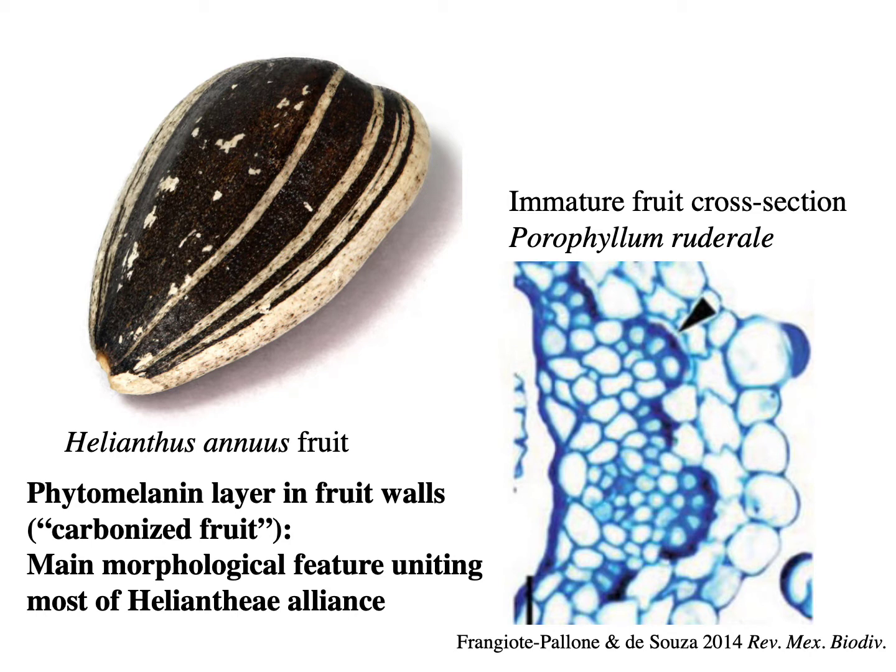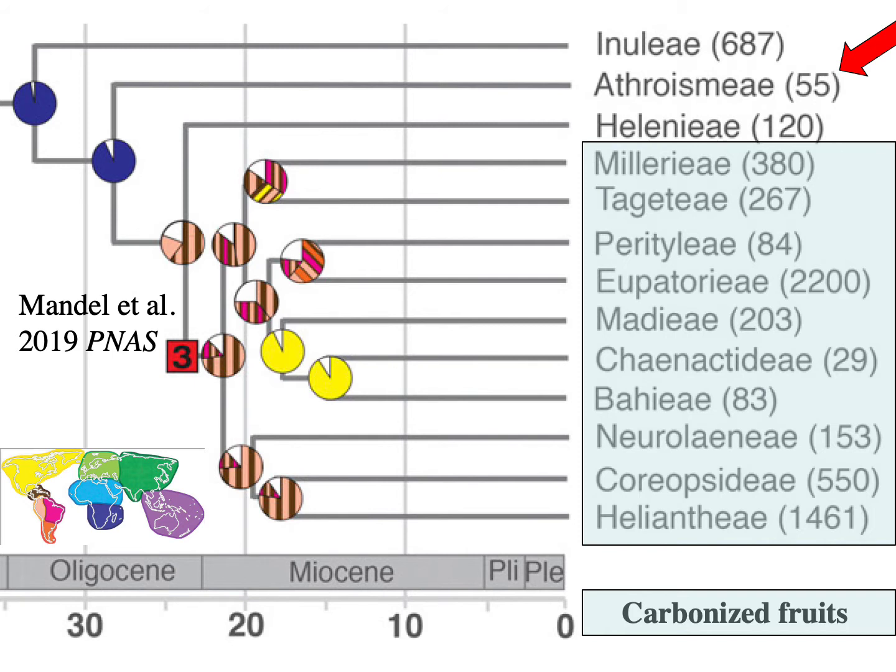And if we look at the overall phylogeny of the Helianthe Alliance, which is excerpted here from a publication by Jennifer Mandel et al., a phylogenomic analysis of the overall family, published in 2019 in PNAS, we can see the relationships among the members of the Helianthe Alliance, including the Inulae, which is not included within the Helianthe Alliance.